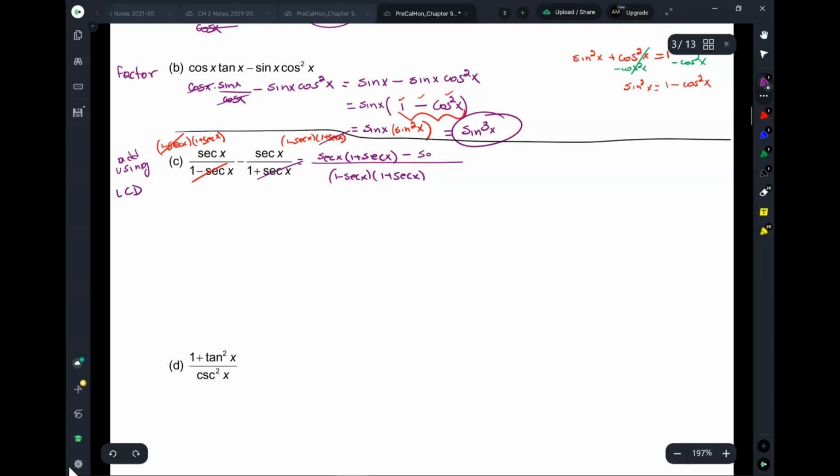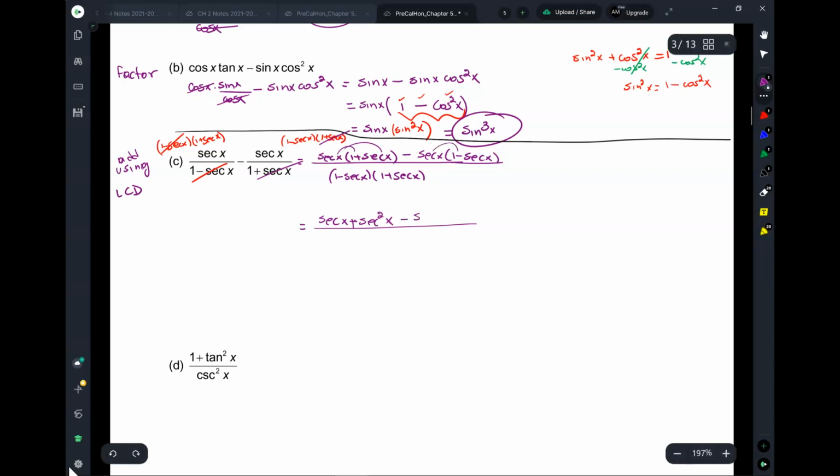So I have secant x, 1 minus secant x. Now, let's distribute here. Secant x plus secant squared x. I'm sorry, plus, not times.